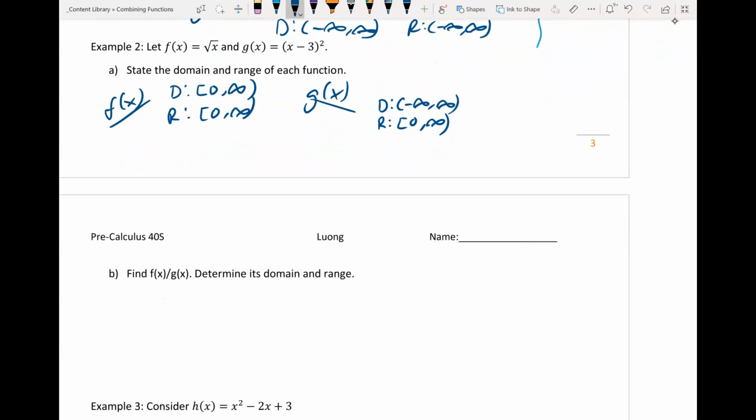Now, looking at f of x over g of x, your f of x is the root of x, and g of x is x minus 3 squared. If you look at the domain, we get a vertical asymptote here at x equals 3. So we can't include x equals 3 in our domain. And also, from here, we can't have negative numbers.